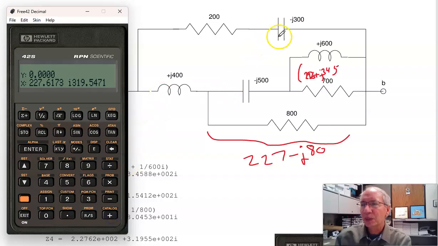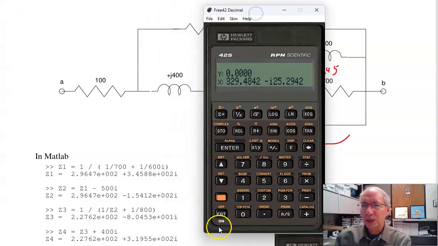In parallel with 200 minus J300, in parallel you take the inverse, 200, enter, negative 300, 200 minus J300, take the inverse, add inverse, plus 100, and there's your answer, 429 minus J25. If your calculator can't do this, you need a new calculator.